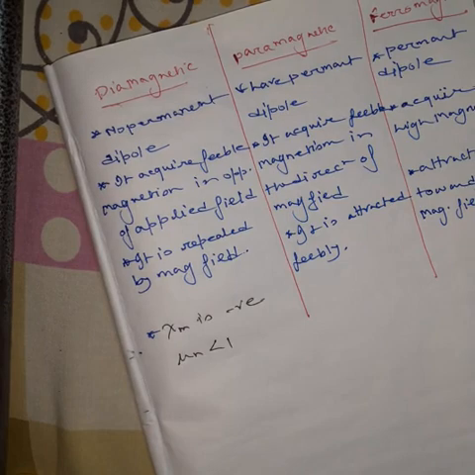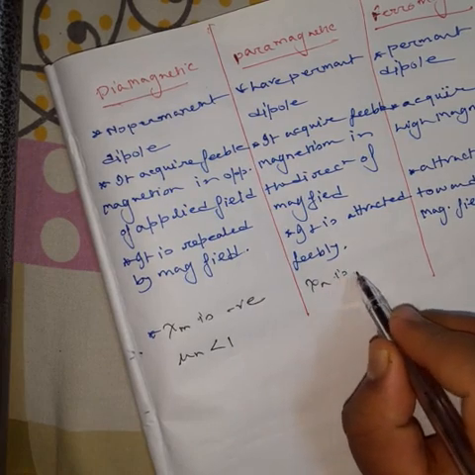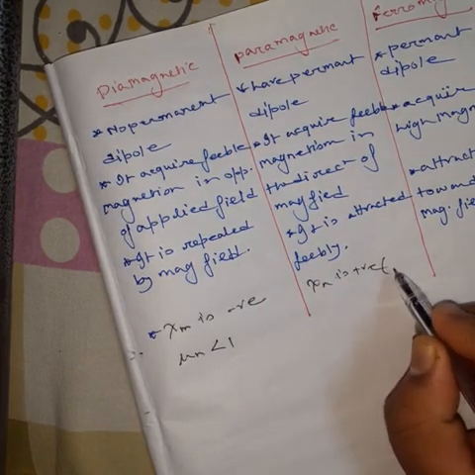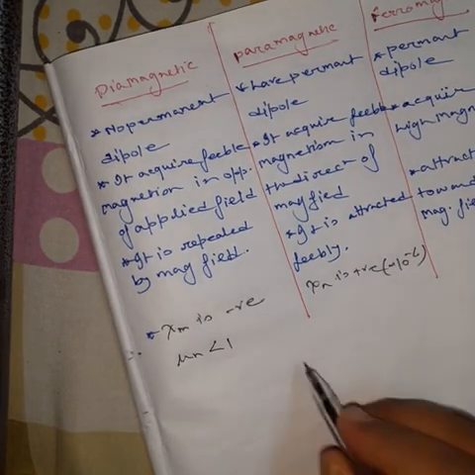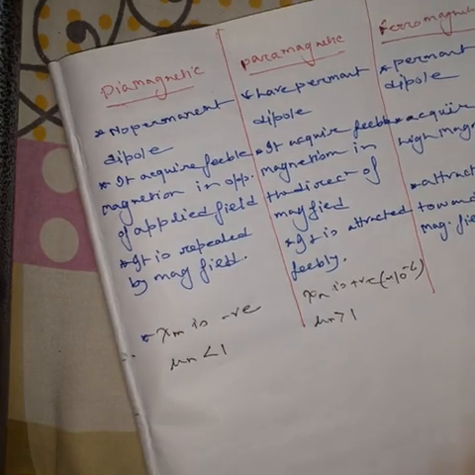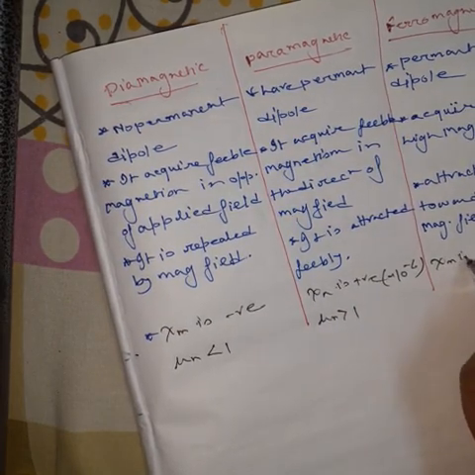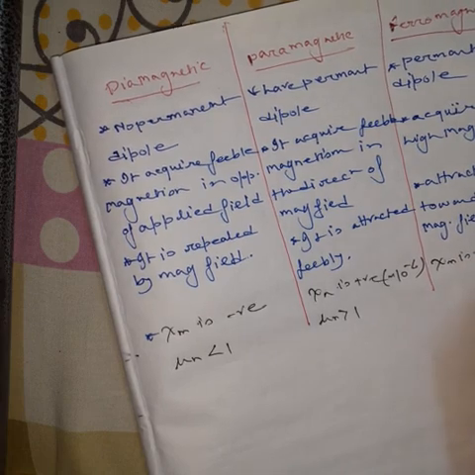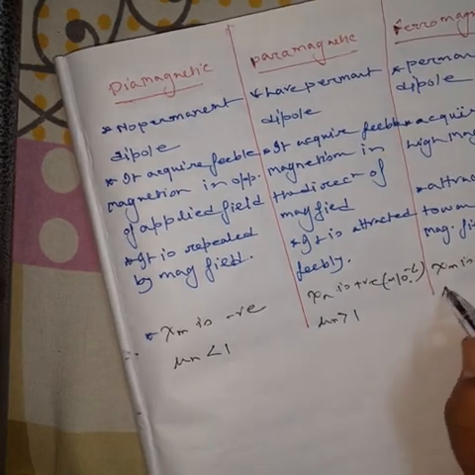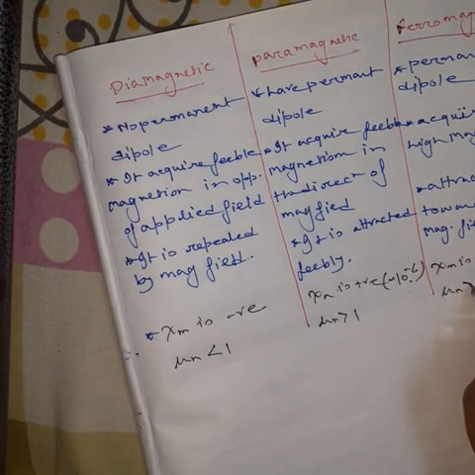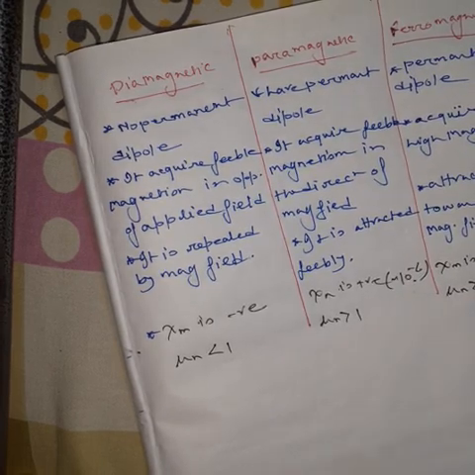For paramagnetic, chi m is positive and of the order of 10 to the power minus 6, and mu r is greater than 1. For ferromagnetic, chi m is also positive, but look at the value: it is 10 to the power 6, and mu r is very much greater than 1. It is nearly 1000, and that is why it is strongly attracted.